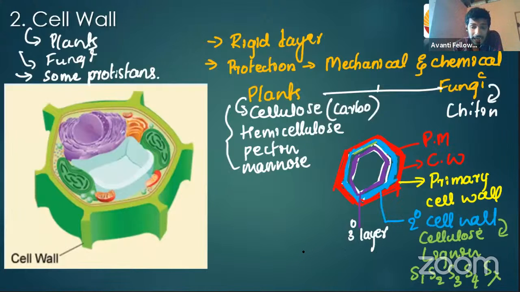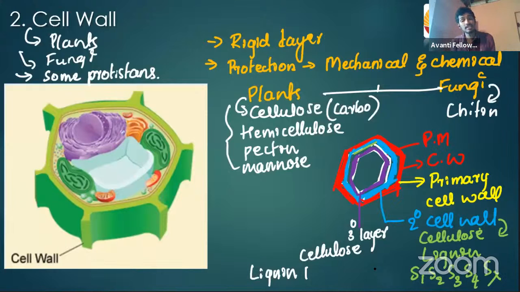The base composition is the same: cellulose, lignin, and also another compound called suberin, which is a compound of alcoholic nature. Lignin and suberin stop water moving from one side to another, acting as a complete barrier to water, but they give great strength.